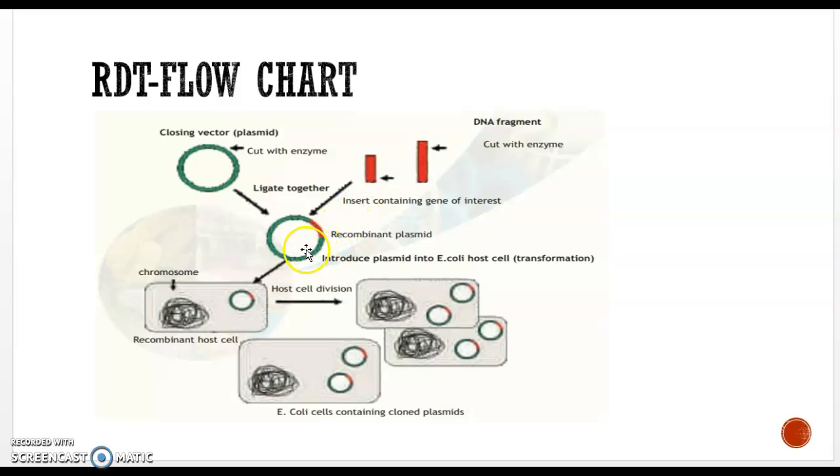After this, the recombinant DNA is transformed into a host cell, a bacterial cell, which has its own DNA along with this rDNA. This rDNA will replicate inside the bacterial cell, and in this way we can get a large number of copies of this rDNA from the host cell.